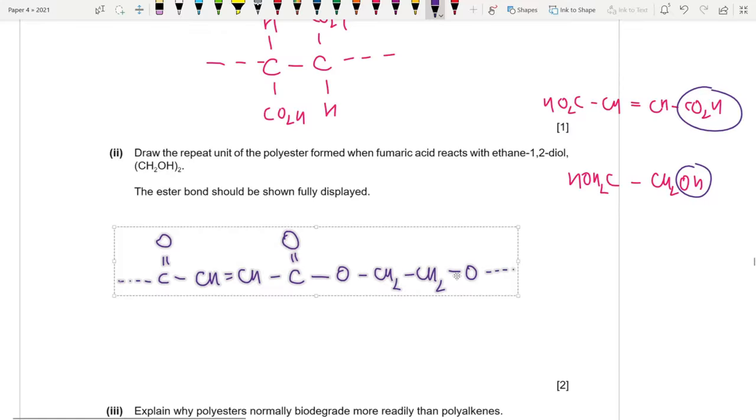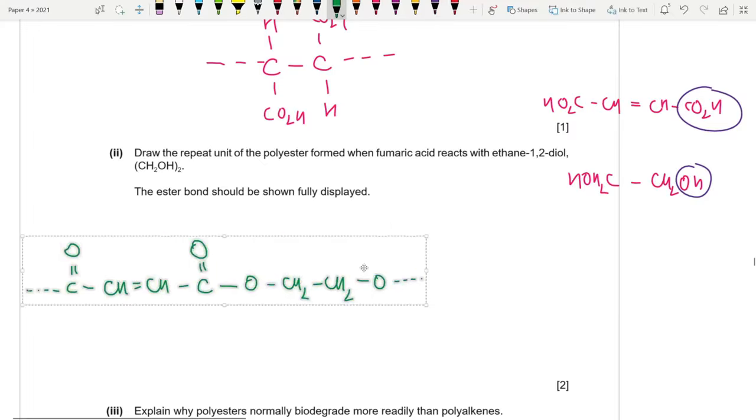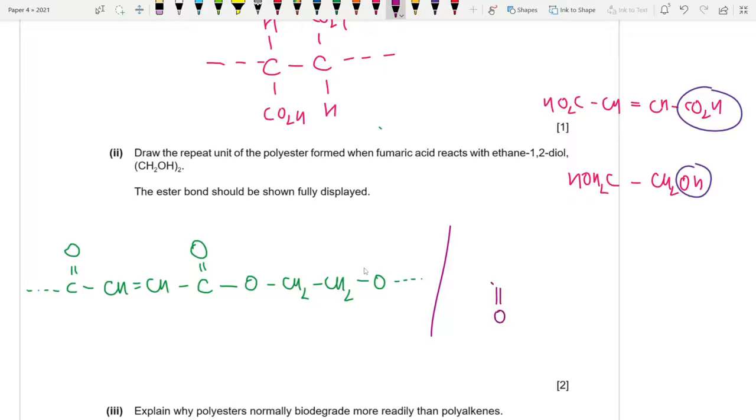The alternate way is the skeletal. Let's draw the skeletal now. Skeletal will be like this, same thing but just skeletal. So for example, if I draw it like this, double bond over here, here you go. This is another possibility basically. This is the fumaric acid section and this is the ethane-1,2-diol section.